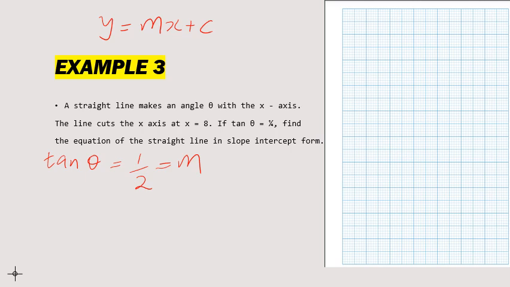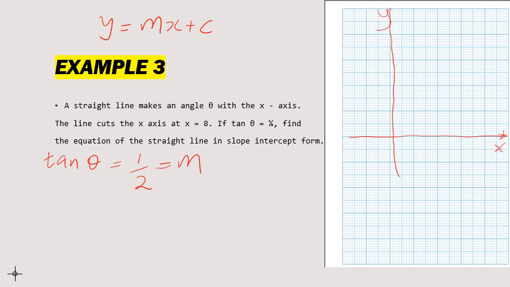And in this case, they are saying the line cuts the x-axis at x is equal to 8. Okay, let's put up this Cartesian plane here. That's x, that's y.